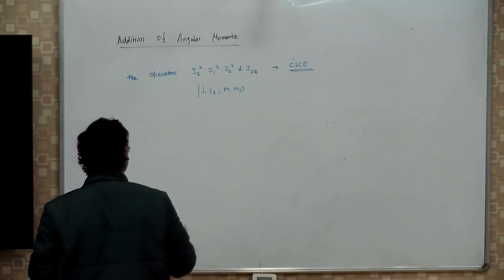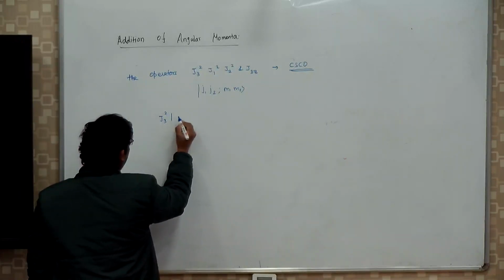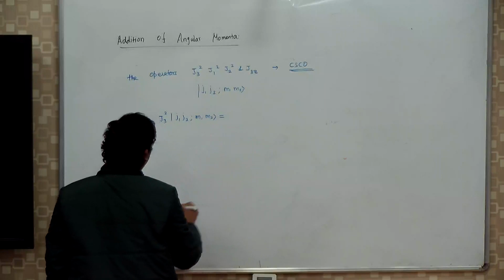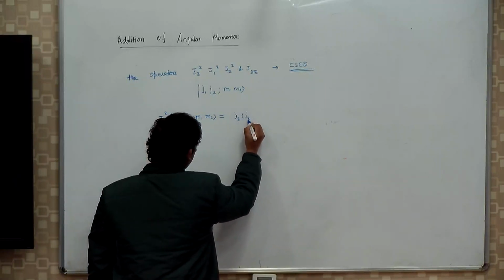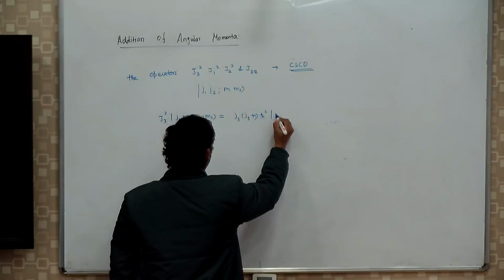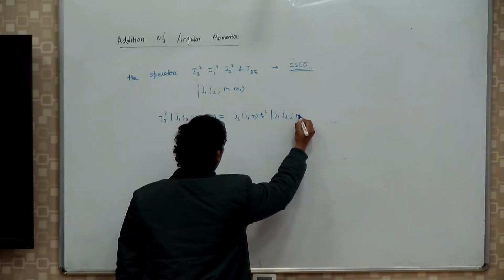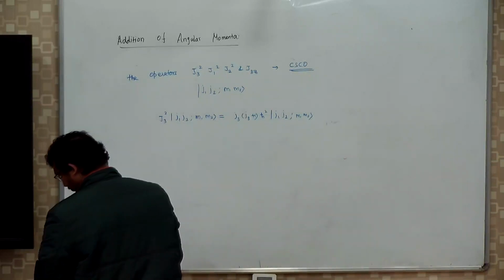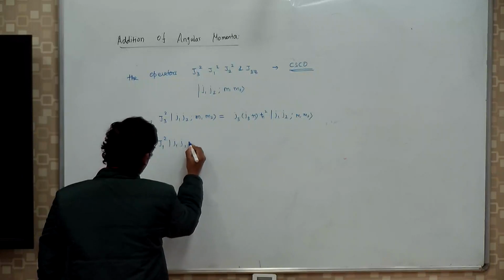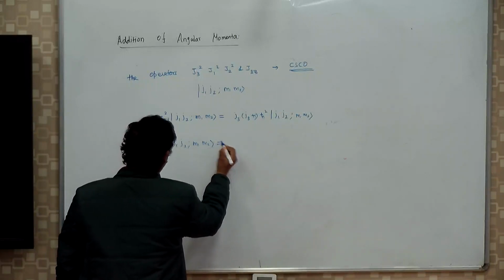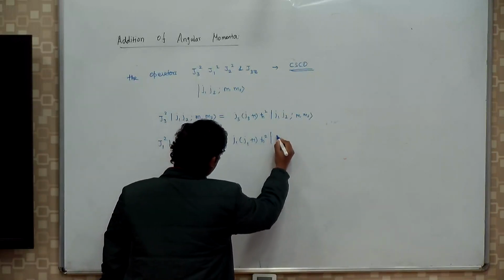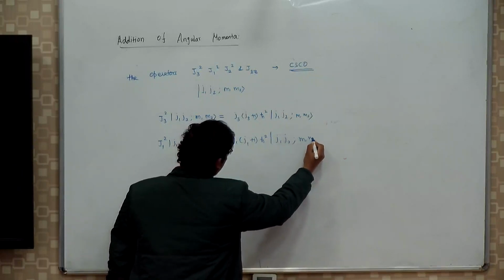So further it can also be written that J3 squared, if it acts on this combined state, then we can write J3 of J3 plus 1 h cross squared J1, J2, M1, M2, and J1 squared on J1, J2, M1, M2 is also J1 of J1 plus 1 h cross squared J1, J2, M1, M2.